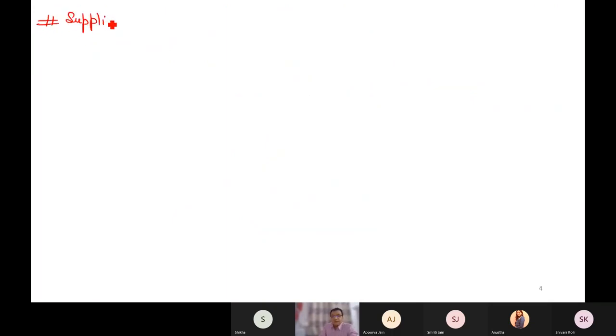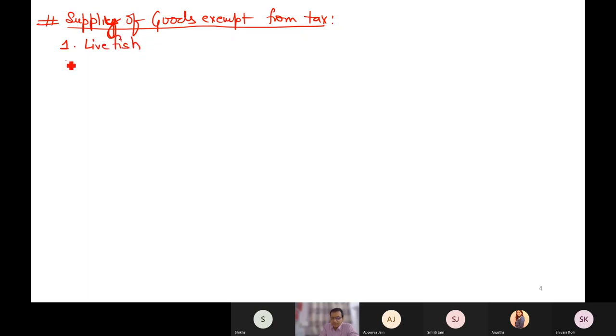Supply of goods exempt from tax. Now whether it is absolute or conditional, that is none of our purpose right now. We must learn the name of those supplies of goods which is exempt from tax. So only write a relevant one. Live fish. These things are easy to learn.